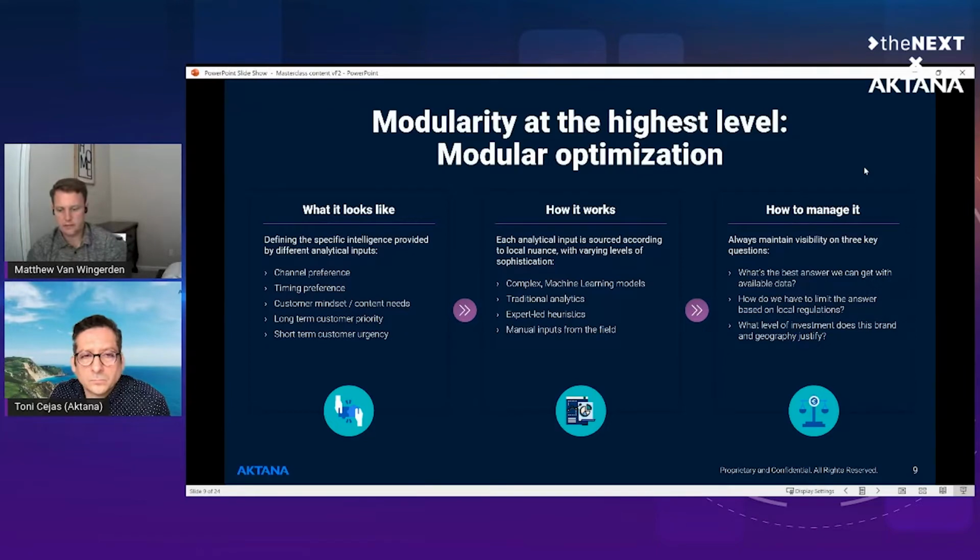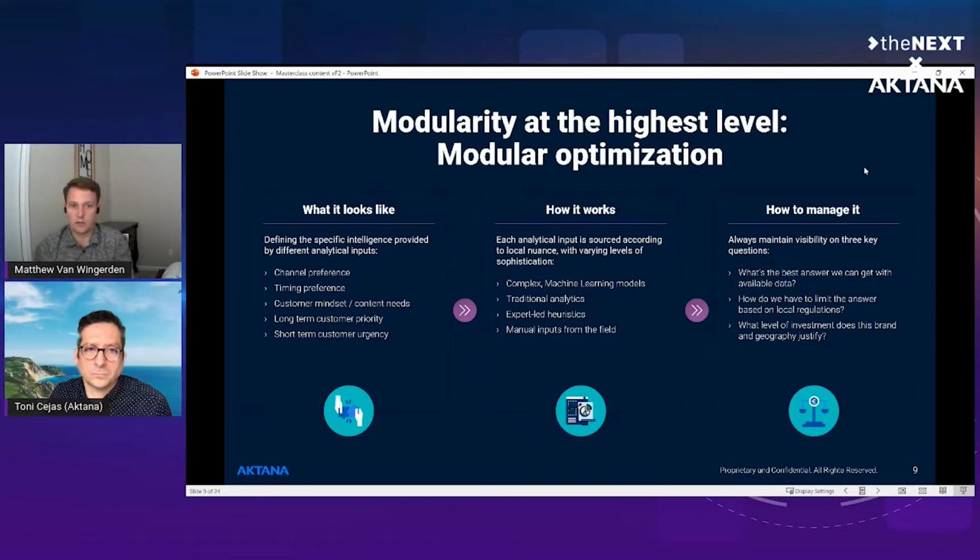So the first piece is just designing, as I was saying, these different pieces. I won't belabor that point too much. The second part is designing the right level of accuracy or the right level of complexity in the solution for each of these questions. So for each of these individual pieces about channel preference, timing preference, and so on, we can either have a very complex machine learning model because maybe we have a lot of data and it's actually worth it, or we can have something that's a little bit more simple, some more traditional analytics, or in some cases, we just have to have human input.